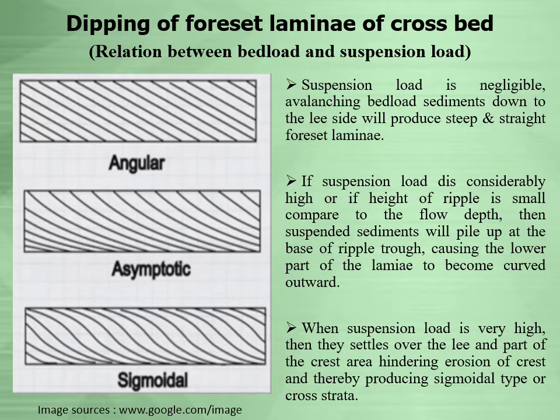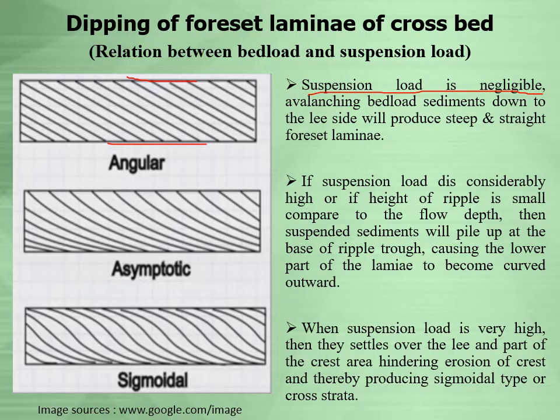Now if the deposition during formation of crossbedding is solely or mainly governed by the bed load, that is suspension load is very negligible, then you can see these sharply truncated cross laminations bounded by the upper and lower bounding surfaces.